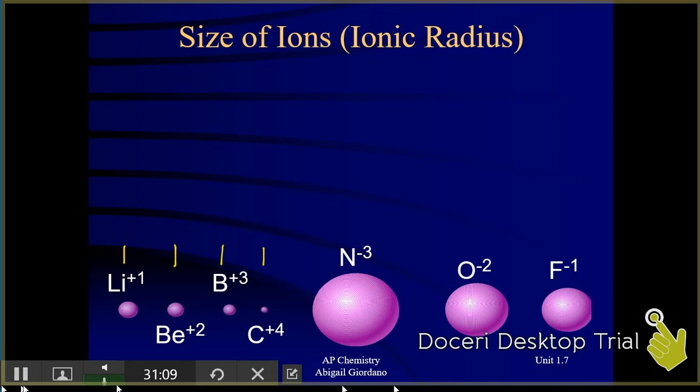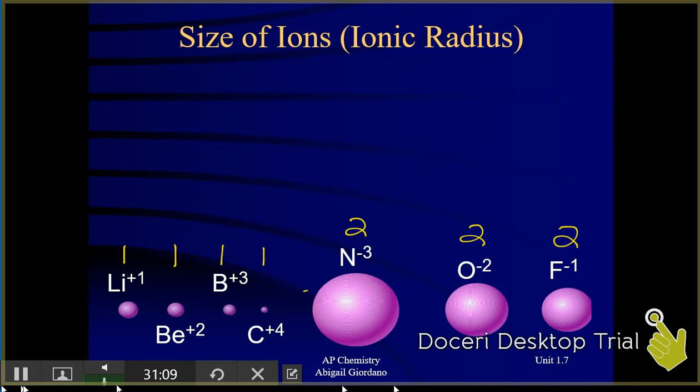Look at nitrogen, however. Look where it's located, it is going to gain 3 electrons. So it's not going to have 7 electrons anymore. Now it's going to have 10. That's 2 energy levels. And guess what? So do these. So that's why you see that big jump.